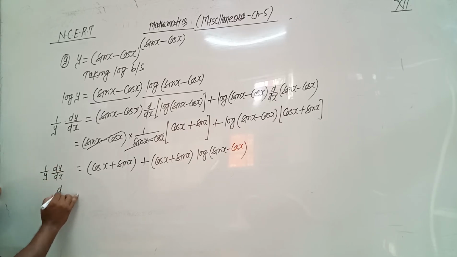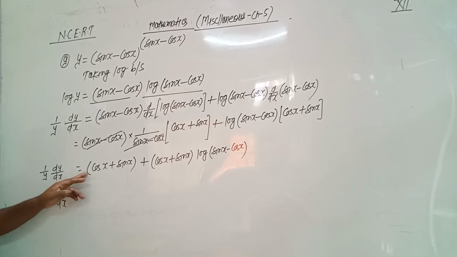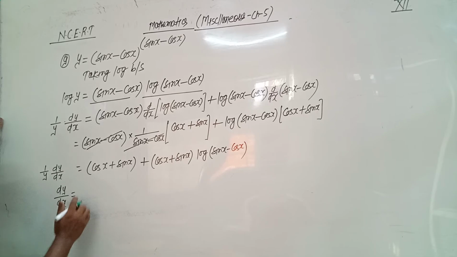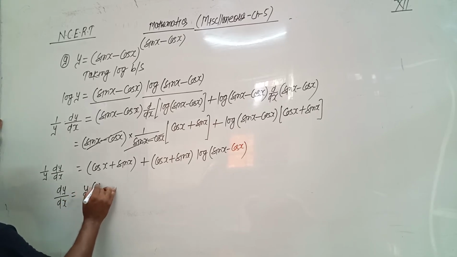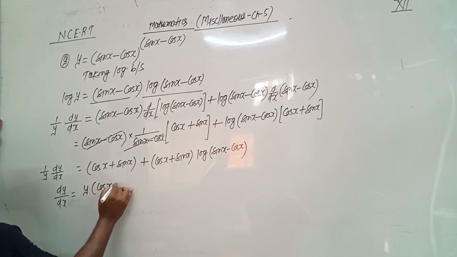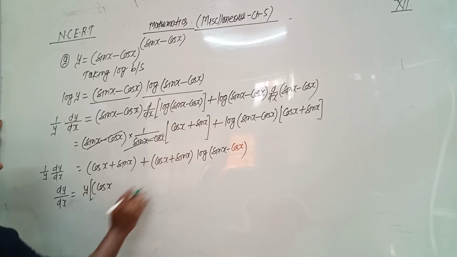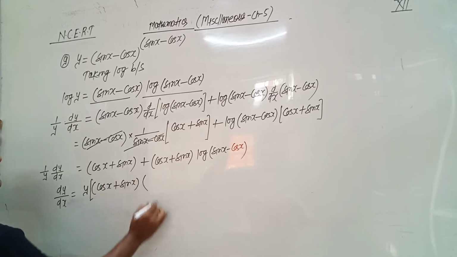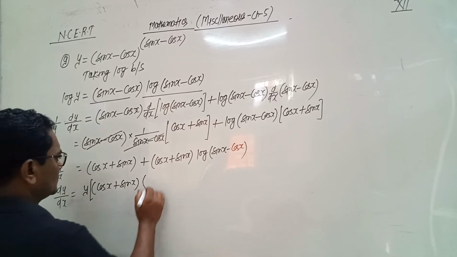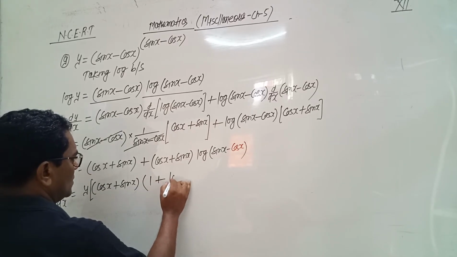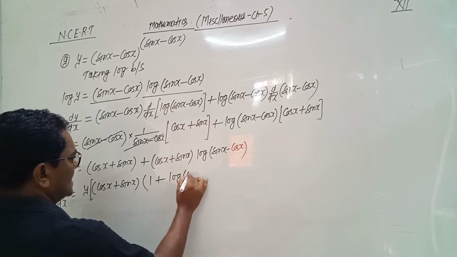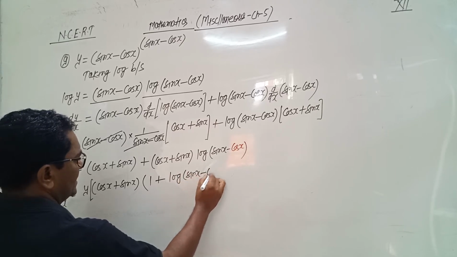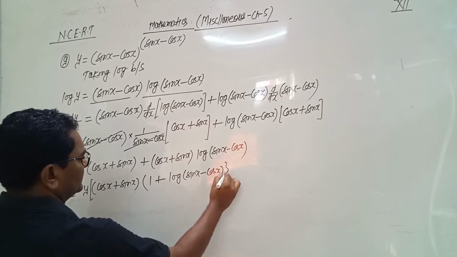The value of dy by dx becomes, y shifted to the right side, so it gives y into cos x. From these two terms we can take cos x plus sin x as common, so it gives 1 plus log of (sin x minus cos x).